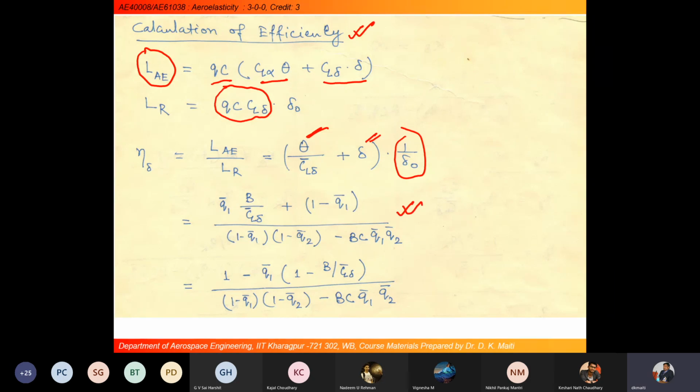So this is our expression. Then finally after simplification we will get this expression: 1 minus Q1 bar multiplied by 1 minus B into CL delta bar, this whole thing divided by the denominator part.